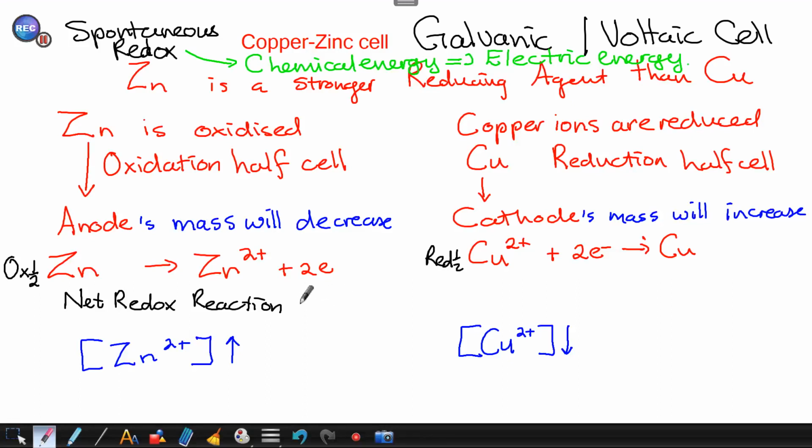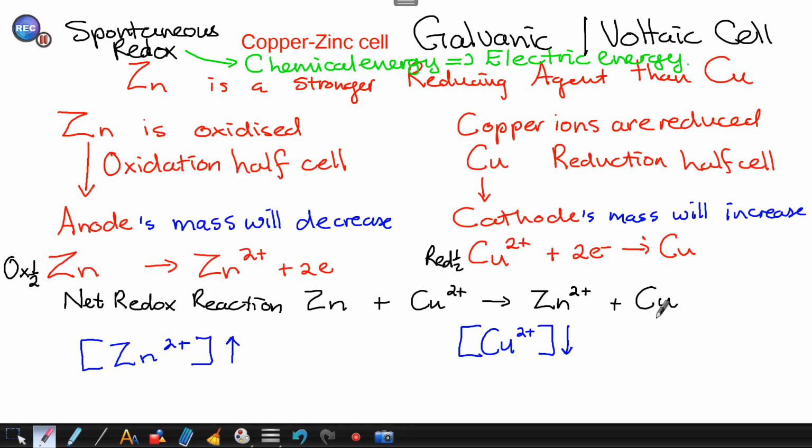We say Zn plus Cu2+ going to Zn2+ and Cu. That's the net equation for this reaction.